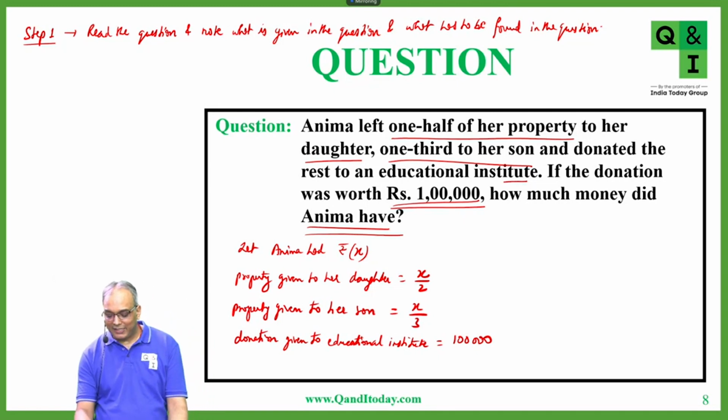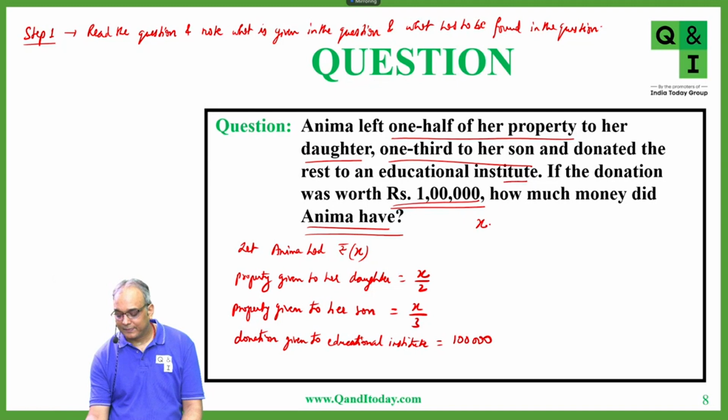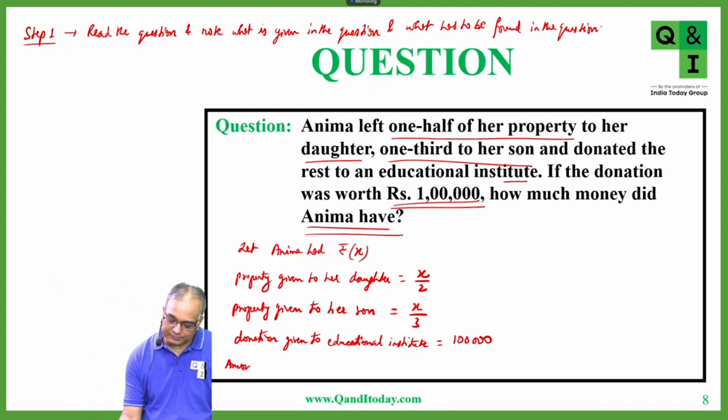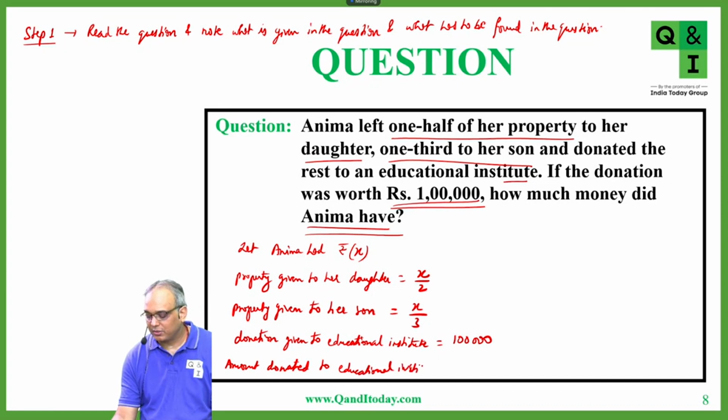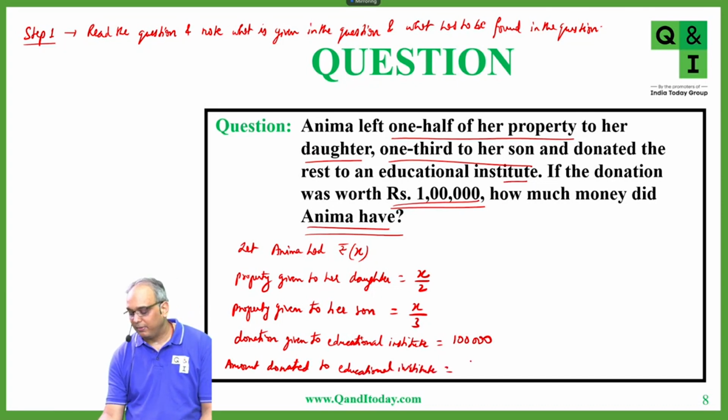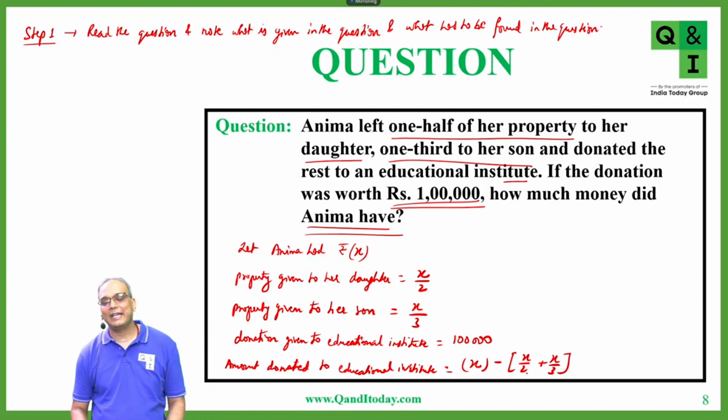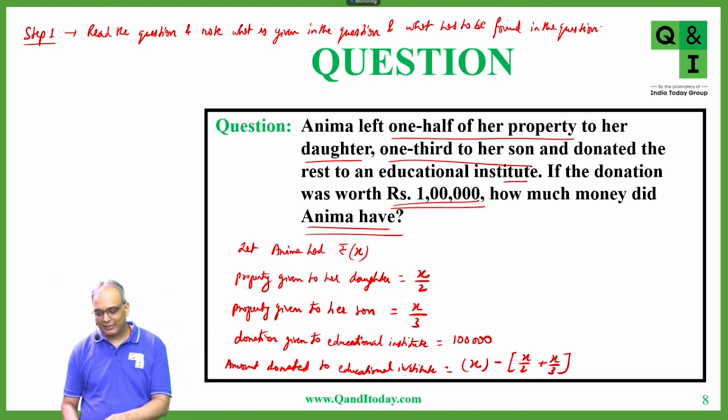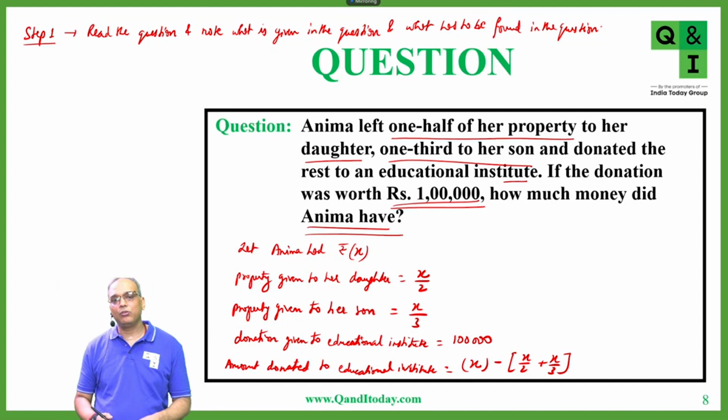So the remaining amount has been given to the educational institute. So the total amount was X. So the amount donated to the educational institute will be the total amount X minus X by 2 plus X by 3. The property which she has given to her daughter and son, we will subtract from the total amount which she had.